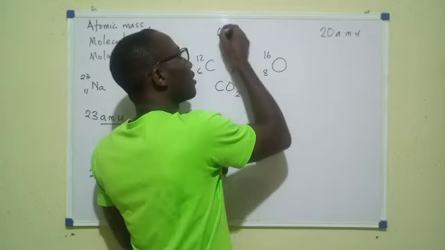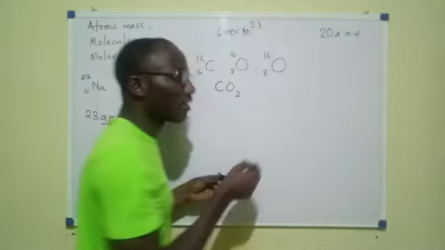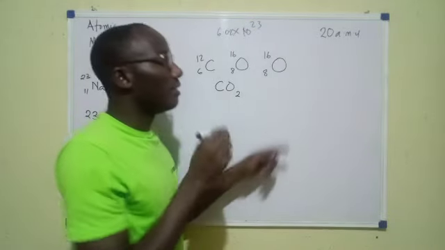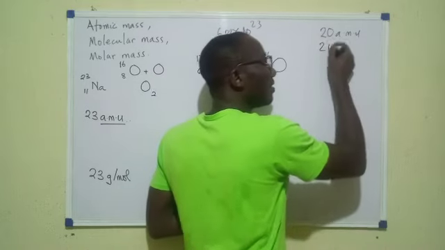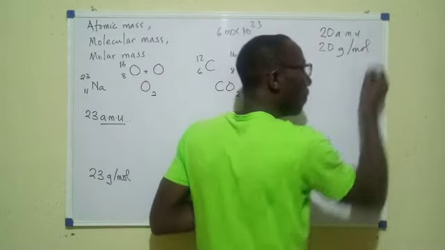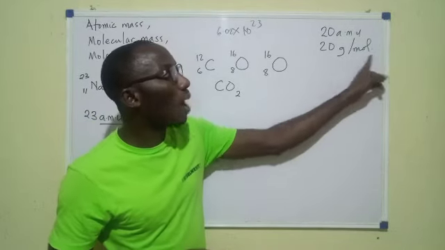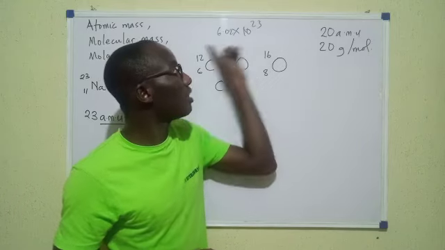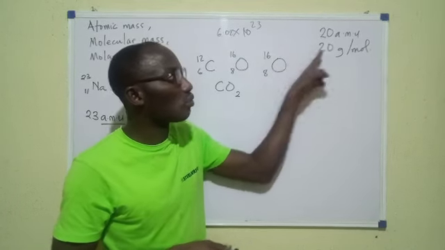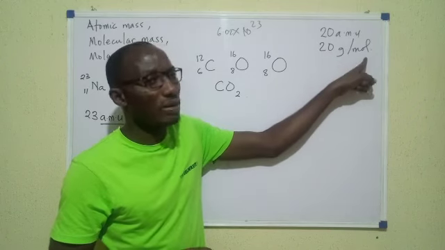What about 6.0 times 10 raised to power 23 markers, which is now 1 mole of markers? It will now weigh 20 grams, which we write as 20 grams per mole. So 20 grams per mole here means that for 1 mole of markers, which is this number of markers, their total mass will be 20 grams, all right? So 20 grams for 1 mole.